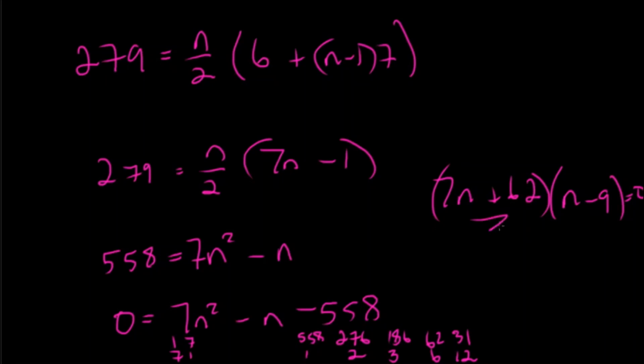And this cannot be the answer because, as you remember, all of our answers have been integers. So n equals 9 is our solution here. You need to go 9 terms out in order for the sum to be 279.